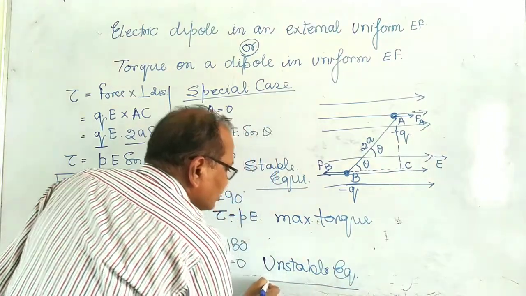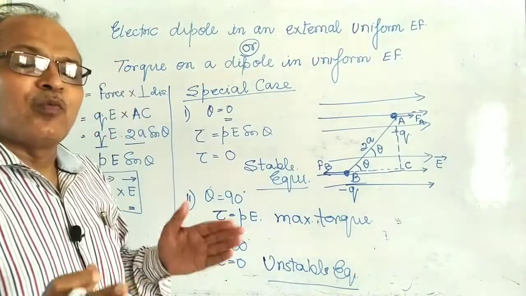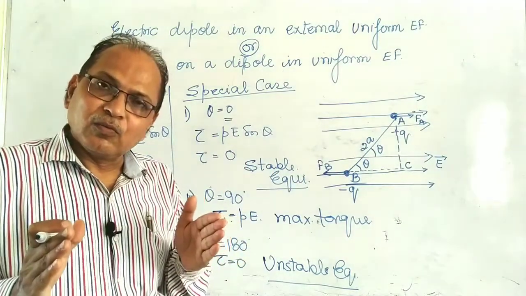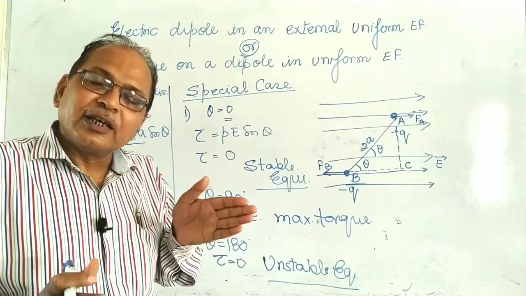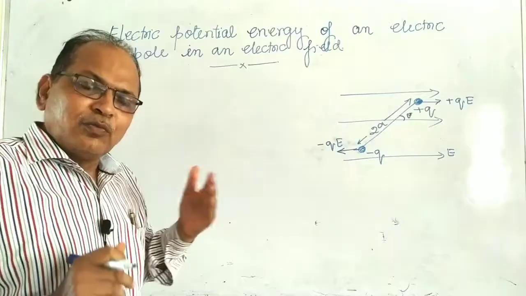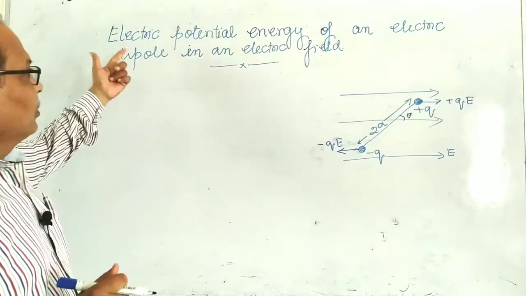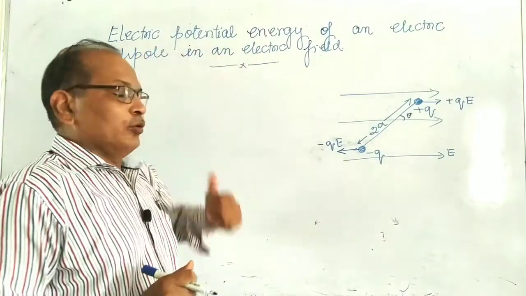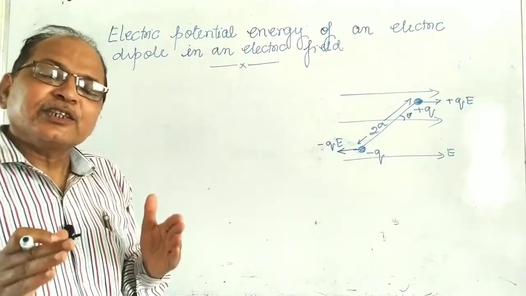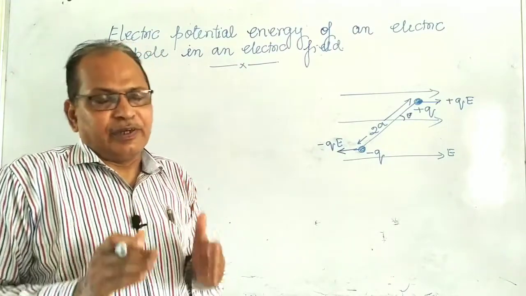This is the unstable equilibrium condition, when there is a 180 degree angle between the dipole and the electric field lines. Now we will study the electric potential energy of an electric dipole when it is placed in an electric field.